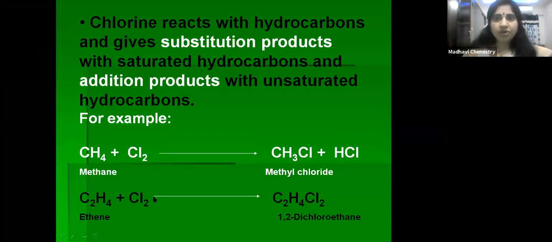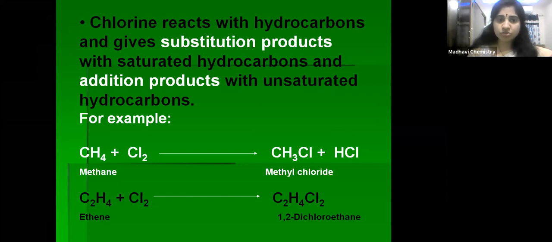Next one, chlorine reacts with hydrocarbons and gives substitution products with saturated hydrocarbons and addition products with unsaturated hydrocarbons. So this is also important, children. Chlorine can react with saturated hydrocarbons as well as unsaturated hydrocarbons. What are saturated hydrocarbons? All single bonds.